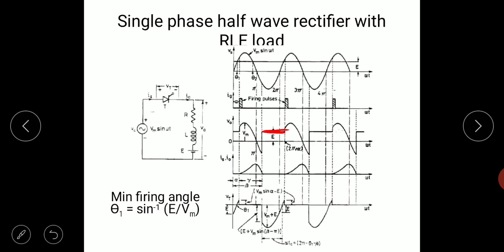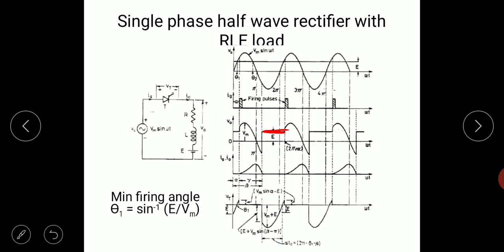So negative maximum will not be equal to Vm, but it will be minus Vm plus E, because it is shifted downward by capital E.